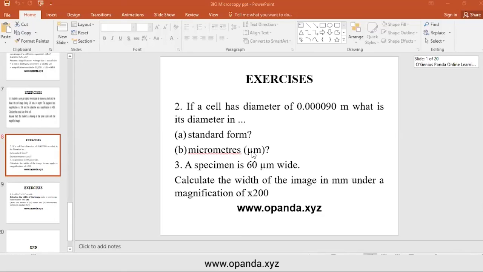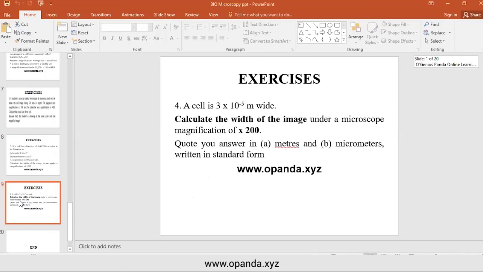Very, very good. 12 millimeters. Now, the last exercise towards the end of this unit today.